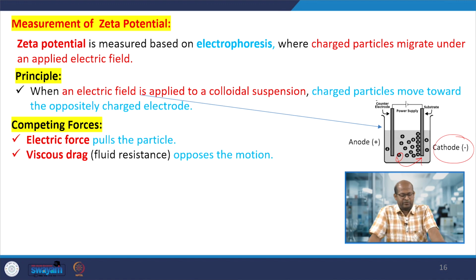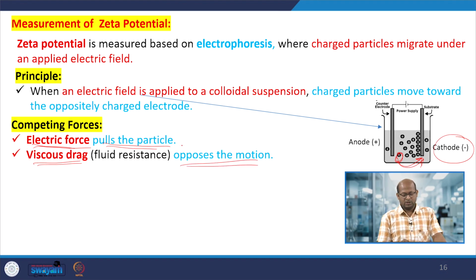Now the competing factors. When the particles, either positively or negatively charged, move in that solvent, it depends on the electric force that pulls the particles from a particular location to the electrode. Also, viscous drag, the fluid resistance force, acts in the opposite direction.